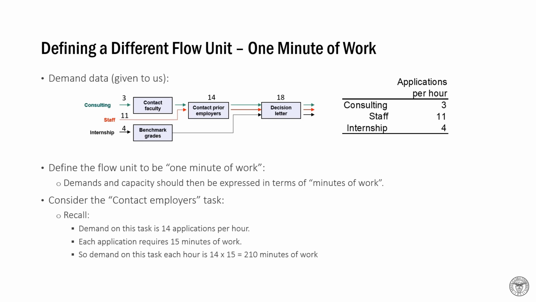By multiplying the number of applications, 14, by the work time per application, 15 minutes, we find that the demand for this task per hour amounts to 210 minutes of work. This calculation allows us to accurately quantify the hourly demand for the task using the selected flow unit.